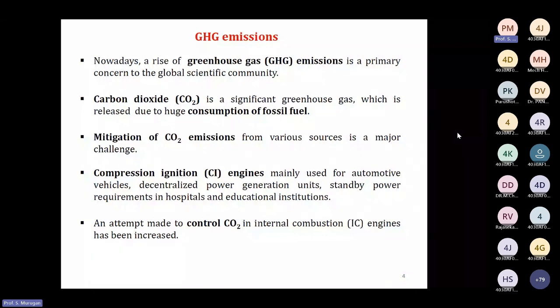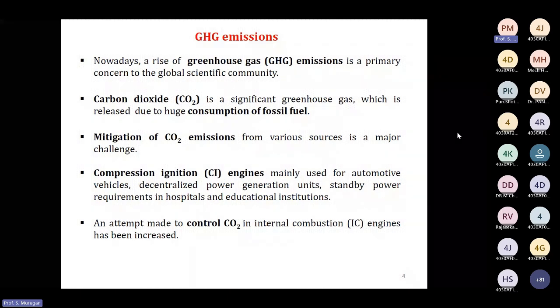In compression ignition engines, as I told, CI engines are used in automotive vehicles, which are not stationary, they are mobile, but CI engines are also used in standby power generation units, agricultural engines, or heavy vehicles, I mean off-road vehicles.